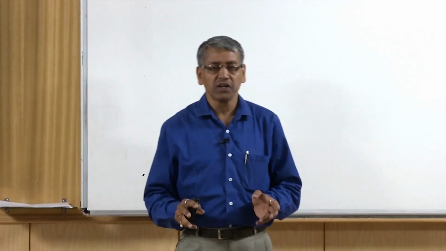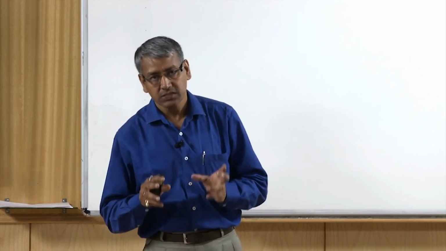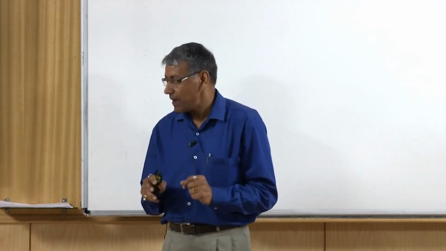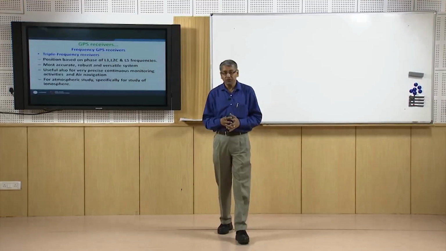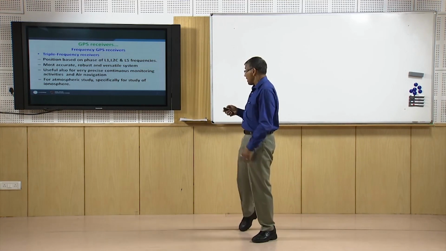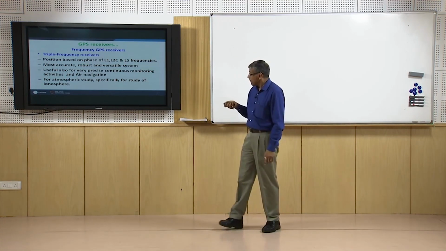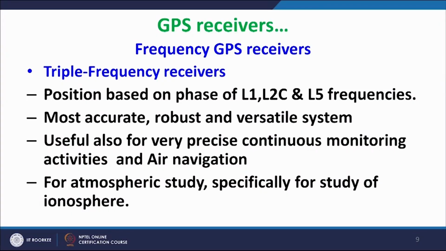These receivers are useful for real time monitoring, very precise monitoring systems, then for continuous monitoring and for air navigation. Uninterrupted air navigation can be done by making use of this type of receiver. It is primarily used for atmospheric study because different types of atmospheric errors may be quite accurately measured by using GPS signals from this type of receiver.